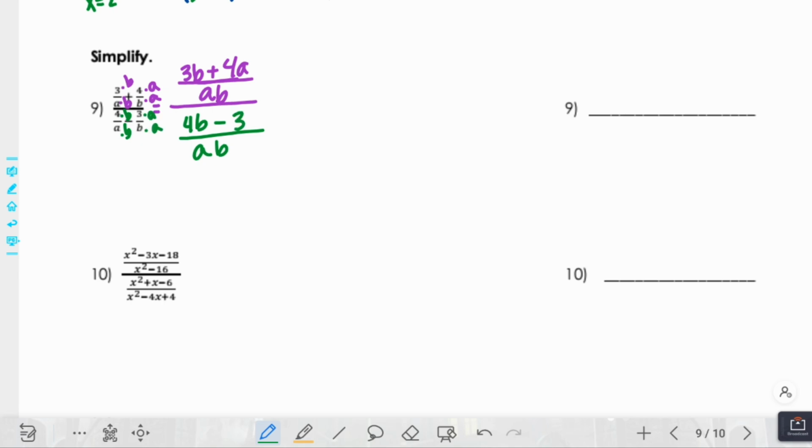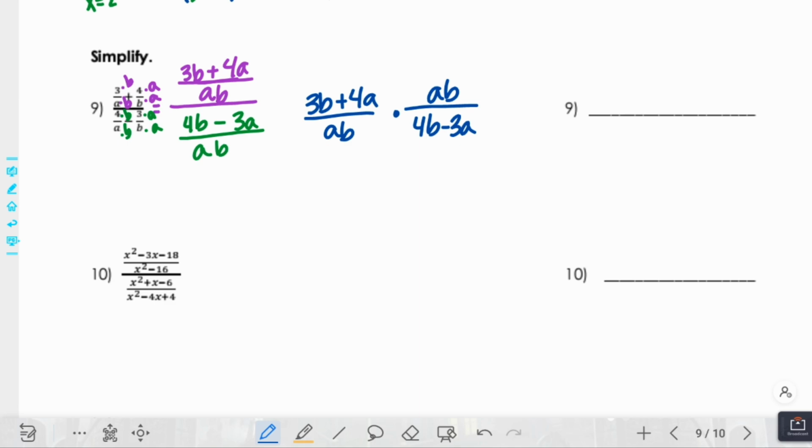So 3a over ab. Now that I've got a fraction over a fraction, we're going to turn this into keep, change, flip. So to divide these two fractions, we got 3b plus 4a all over ab. And then we're going to multiply by the flipped version of that green fraction. So ab over 4b minus 3a.